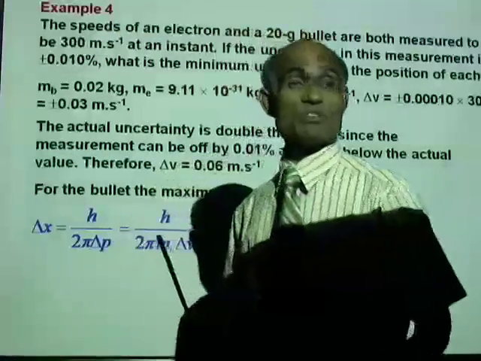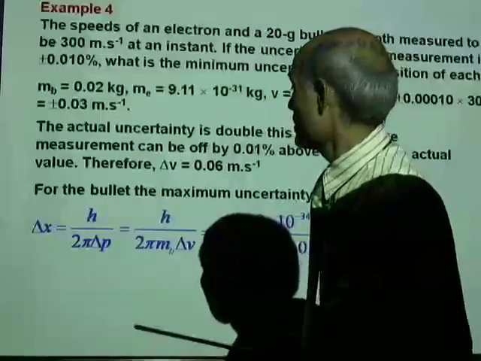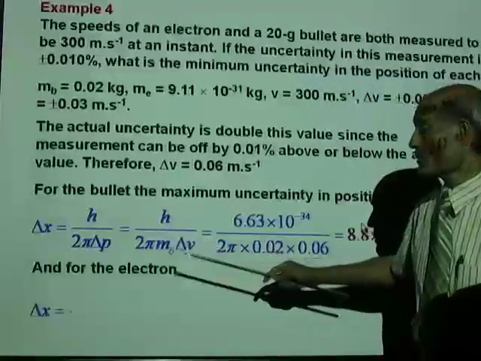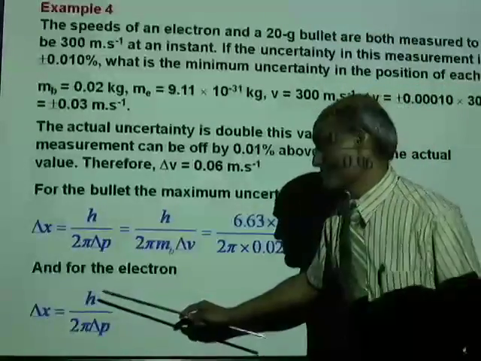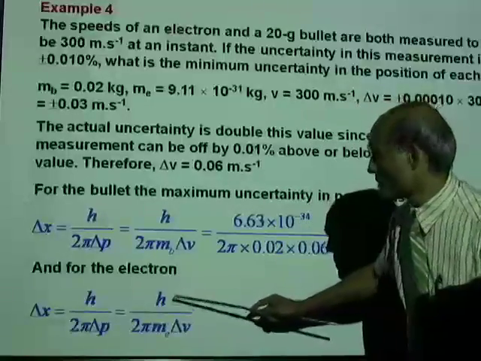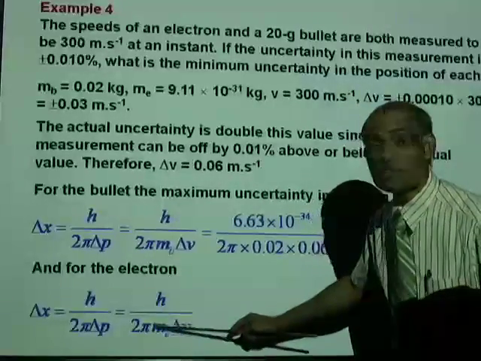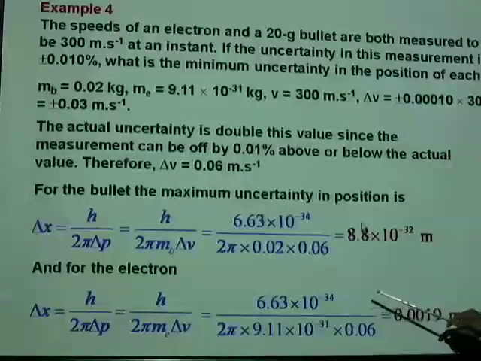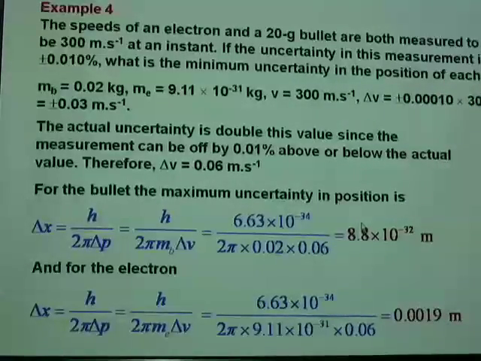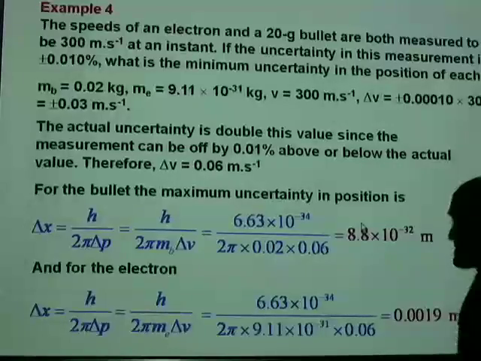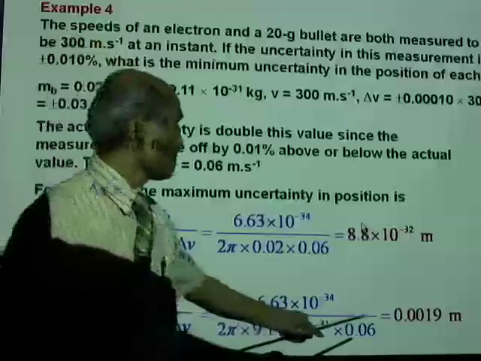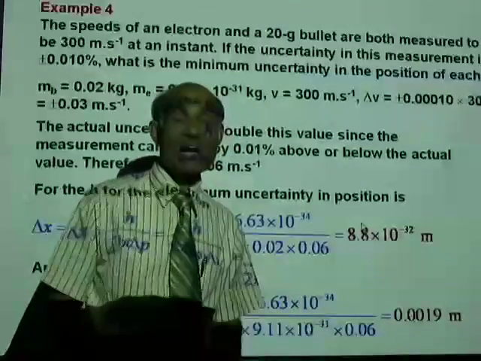But what happens in the case of an electron? If you now replace this for an electron, what will be the difference? Well, the only difference is the mass here will be the mass of the electron. And in such a case, look at the uncertainty. It is 0.0019 meter.